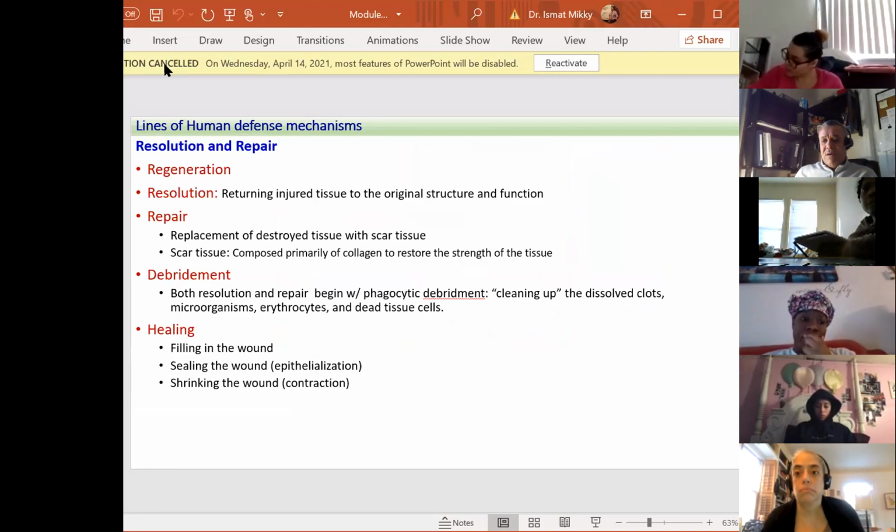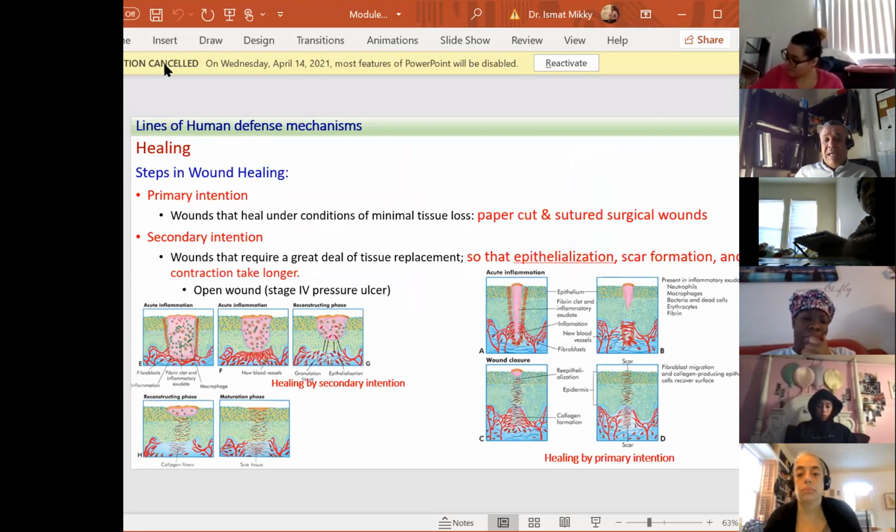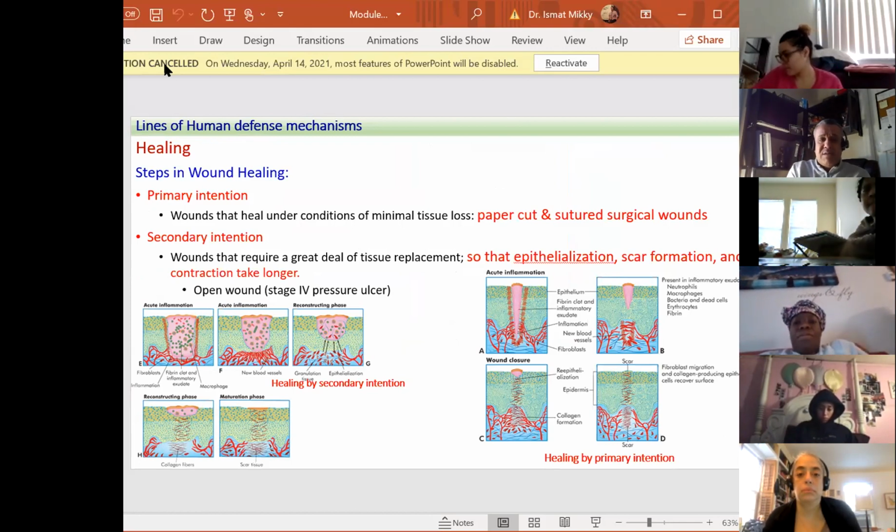So acute versus chronic, and the resolution or the healing process: the tissue would heal either by primary intention or secondary intention.